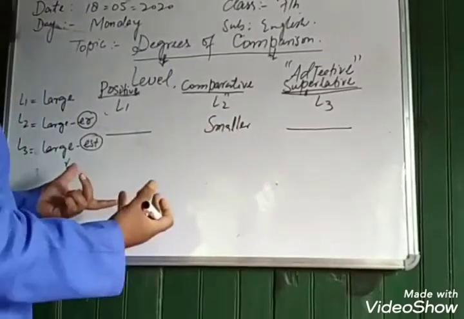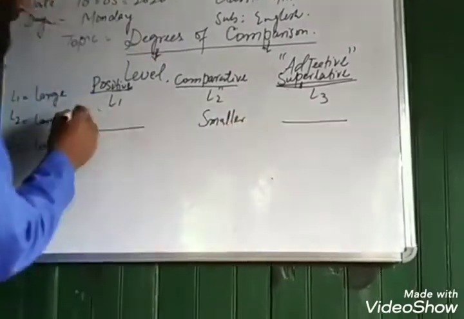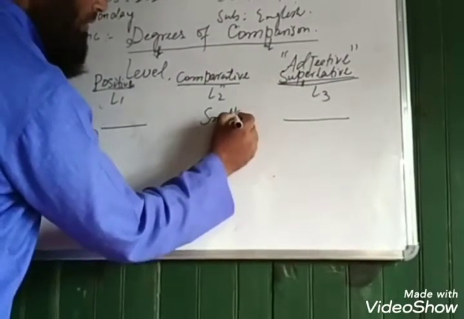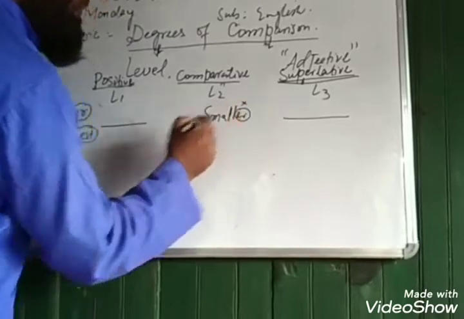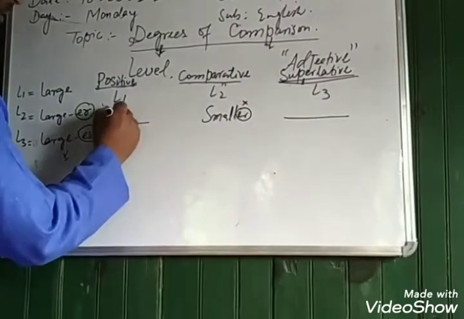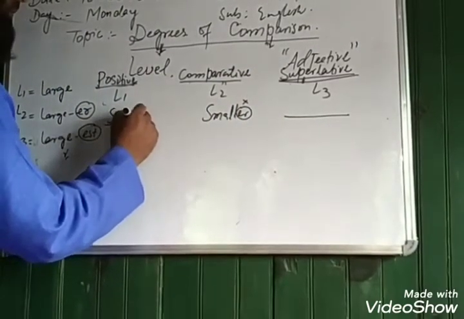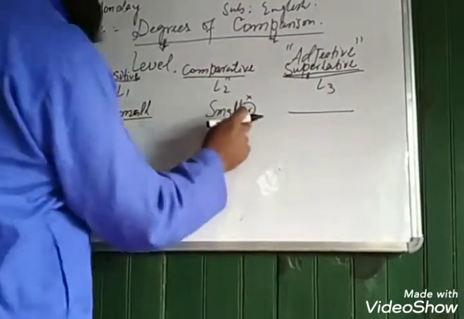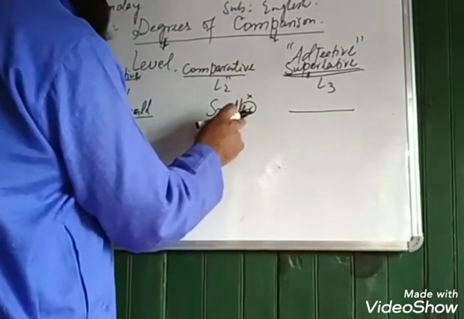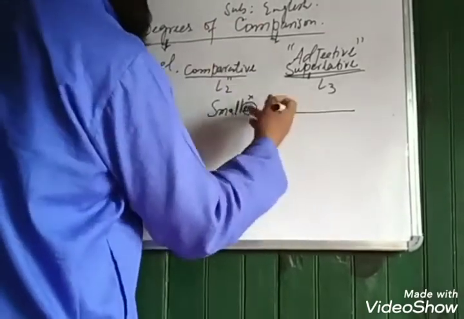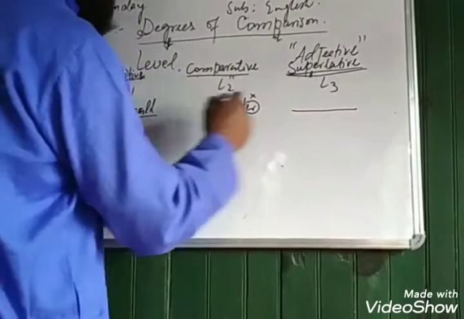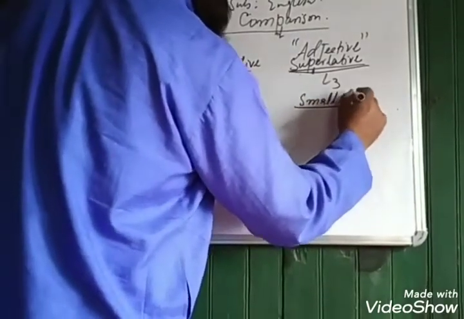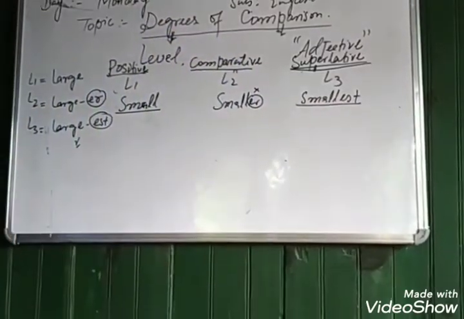Now you should learn that here one word is added, this ER, and if we cut this ER, then we write small. So it is level 1. If I cut ER and add EST, smallest.